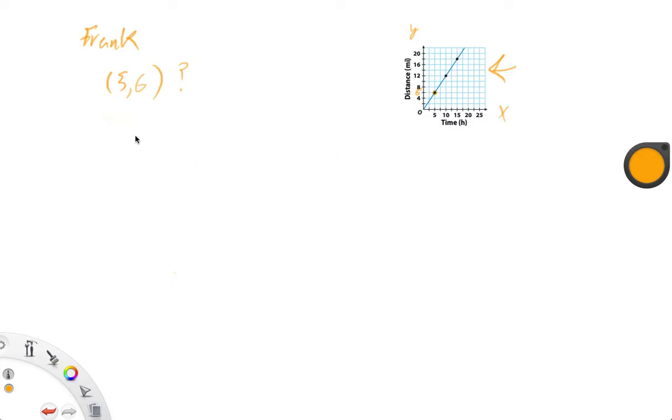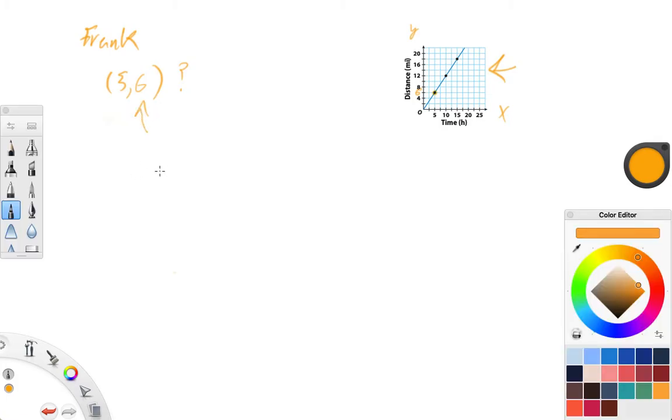Okay, so the first question is, what does the point (5, 6) represent? What does this point right here represent? And if we look at it, 5 is our x value, so that's hours. So after 5 hours of hiking and walking through the wilderness, he has traveled how far?